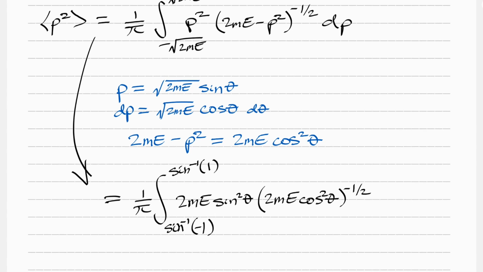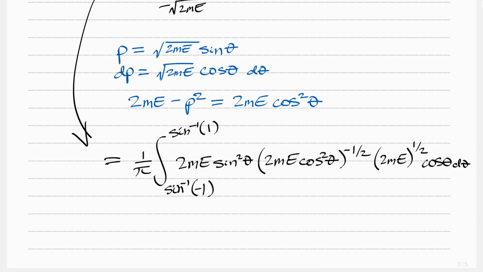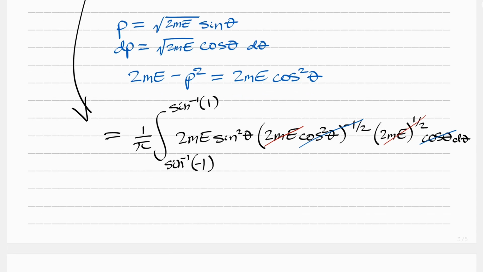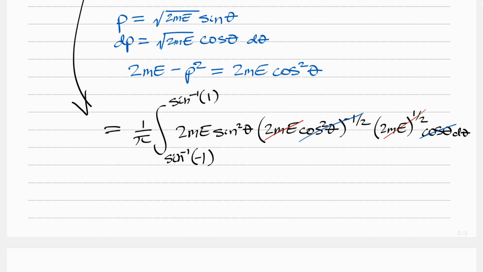And then dp is going to be, let's just do 2mE to the 1/2 power cosine theta d theta. Okay, I probably could have written this a little bit more suggestively, but we have here 2mE to the minus 1/2 power, 2mE to the plus 1/2 power. Cosine squared to the minus 1/2 is just 1 over cosine. So 1 over cosine is going to cancel with cosine. Okay, that's perfect. Make sure I get my factors right.